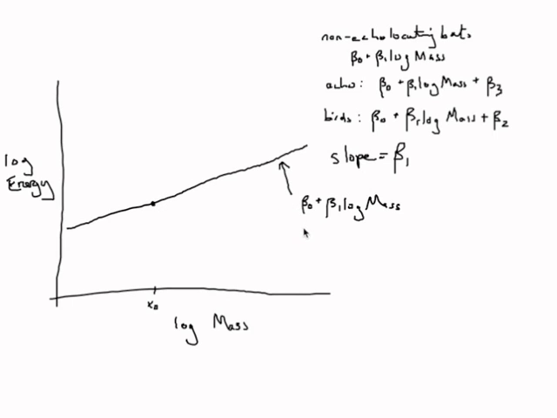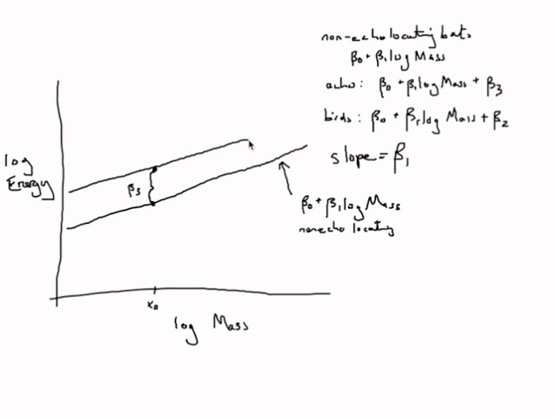So that line would represent the mean for the non-echolocating bats. A particular echolocating bat at this log mass would lie on that line plus this additional beta 3. So if beta 3 is positive, we'd go up beta 3 amount, and our echolocating bat would lie on that line.